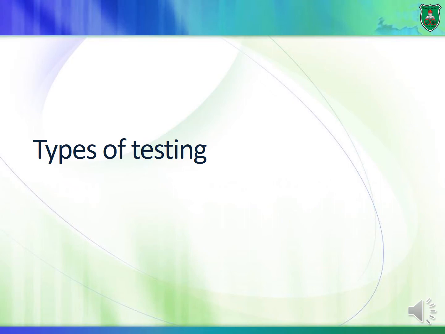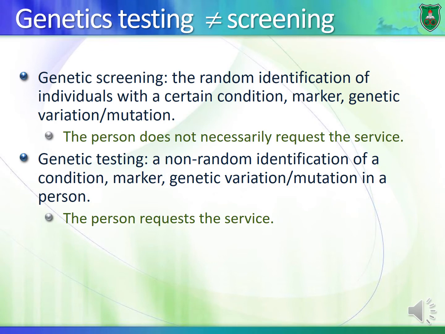So there are different types of genetic tests. But first, before talking about them, we need to differentiate between genetic testing and screening. The idea of screening is that it's basically a random identification of individuals with a certain condition, marker, genetic variation, mutation, whatever. So what happens is that technicians would go down the street, for example, or go around people telling them that they would do a genetic test for them, and look for a certain mutation.